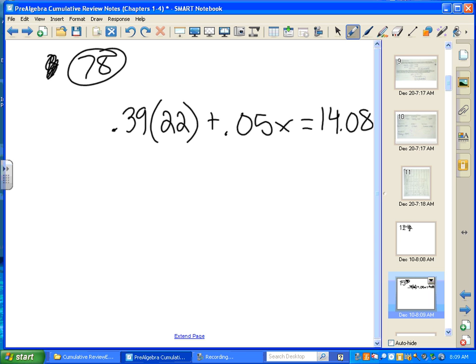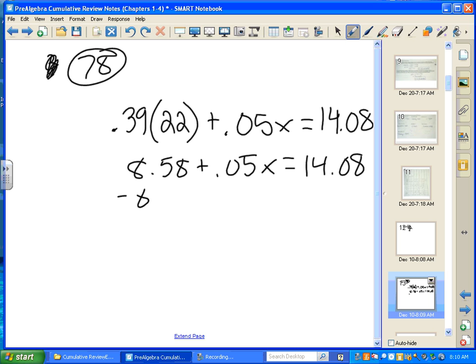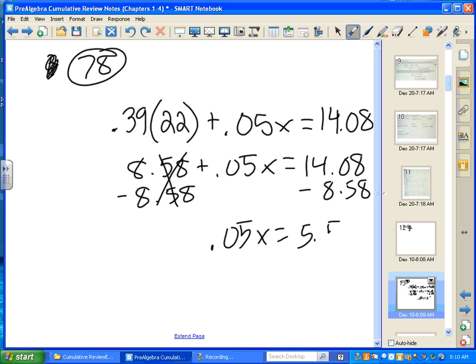Did you have all that? Or maybe you just solved it wrong. Okay. Okay, so you have all that. So then did you subtract 8.58 from both sides? So you get 0.05x equals 5.5.